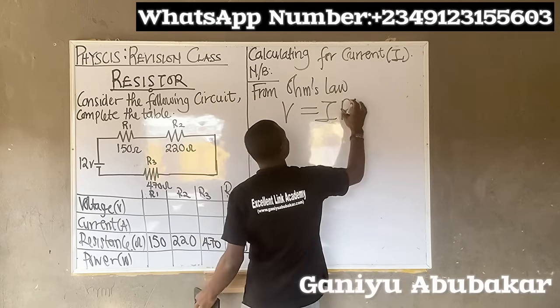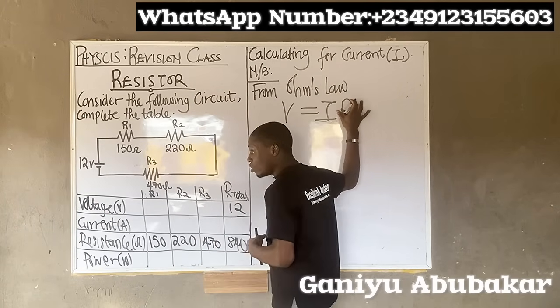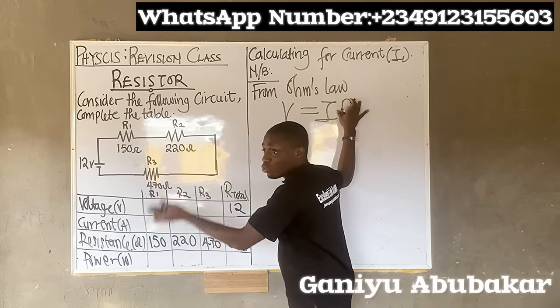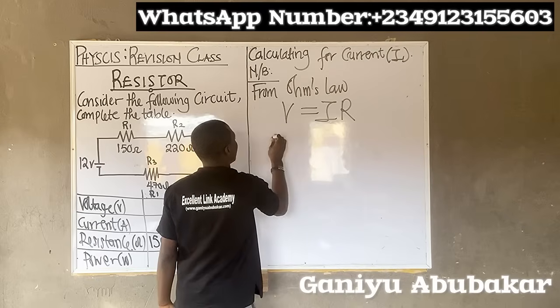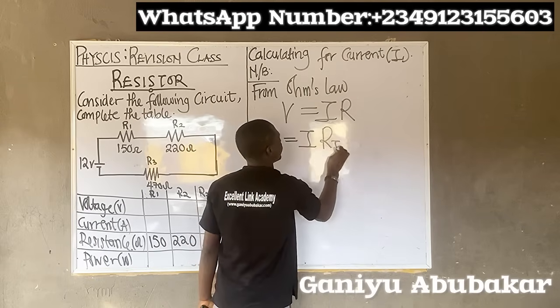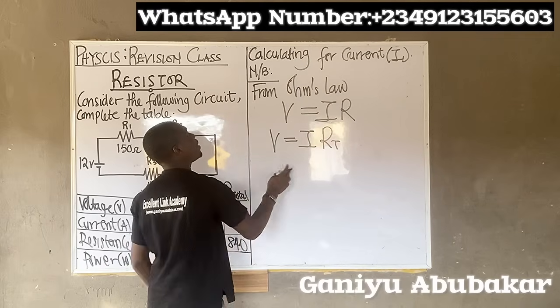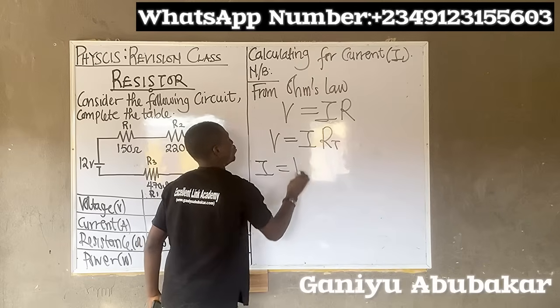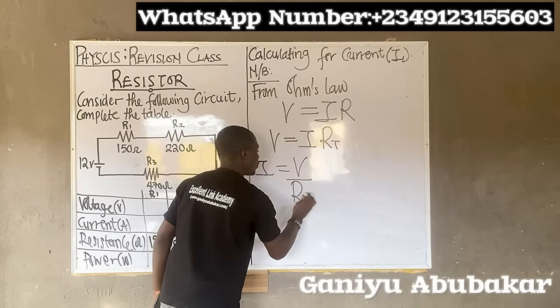This R here is not R1, R2, or R3. It is my R total. So in other form, V equals I R total. Make I the subject: I will be equal to V over R total.